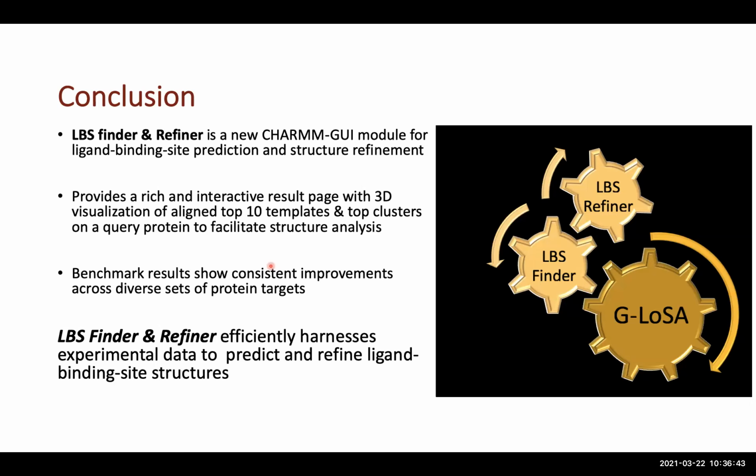And we show that using our benchmark results from 2 different data sets, we see improvements in these protein targets. And yeah, I think that's it. If anybody has any question, please.